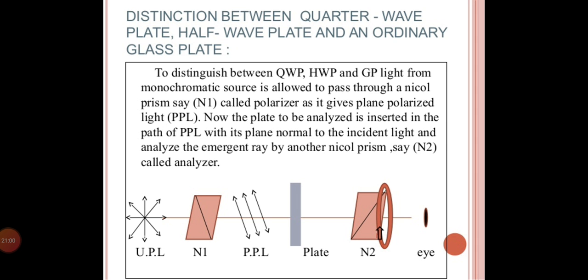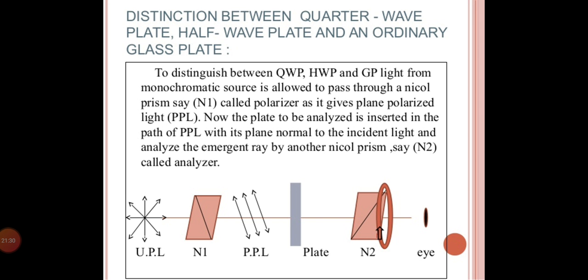The next is how we can distinguish between the quarter wave plate, half wave plate and the ordinary glass plate. In order to differentiate between these three, we use a monochromatic source of light which produces unpolarized light, and this unpolarized light is made to pass through a Nicol prism, N1 here, also known as the polarizer. It will produce PPL, that is plane polarized light.